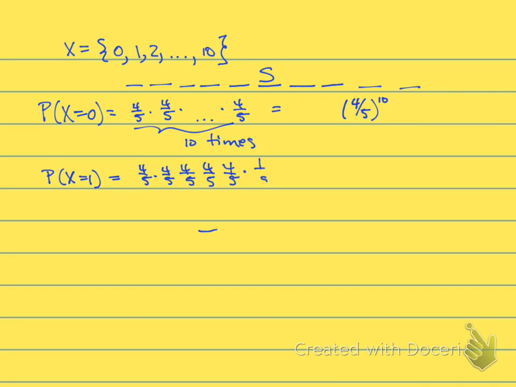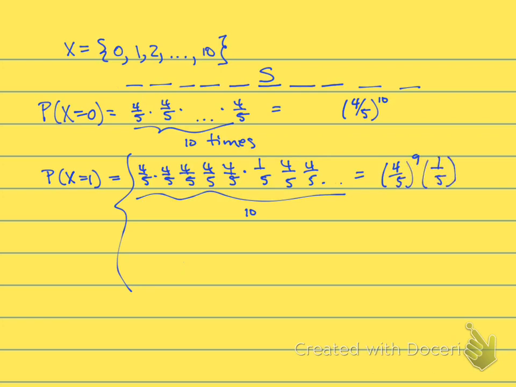And then I have my success, and then I pick back up with my 4/5 all the way down to a total of 10, right? That's that particular example. And so what do I actually have? Well, I have nine 4/5 and exactly one 1/5, okay? And even if I move that S up front, I still am going to have nine 4/5 and exactly one 1/5. The question is, so these are all different, so I have to sum them all up, how many of them are there?